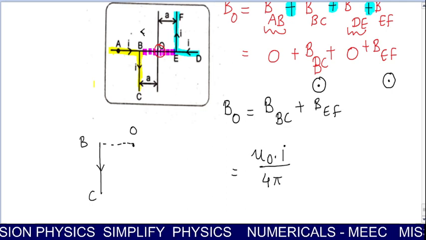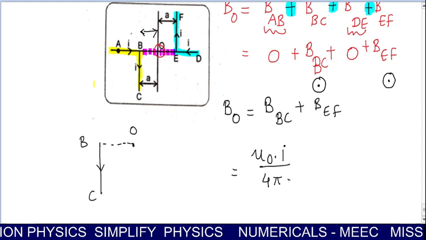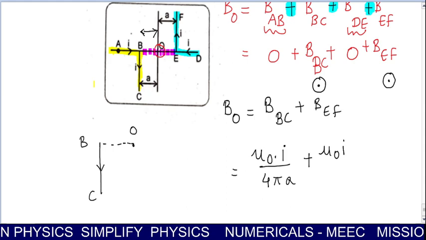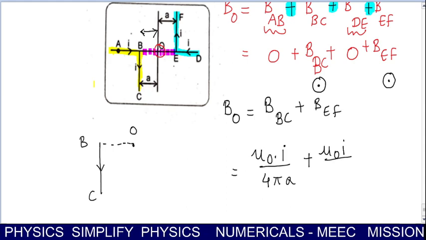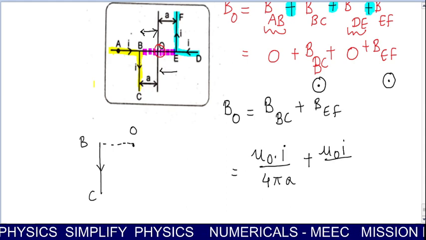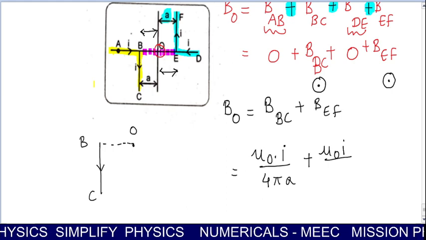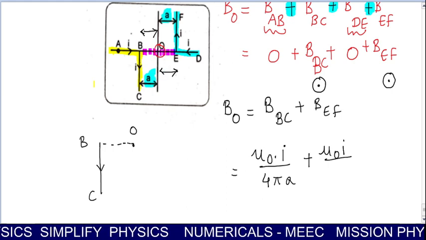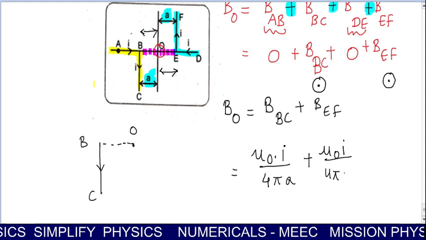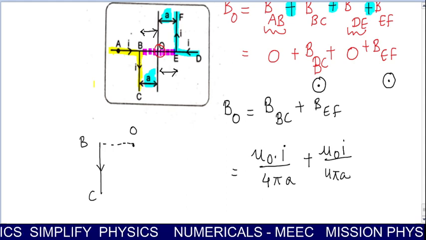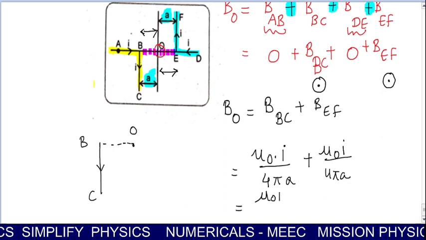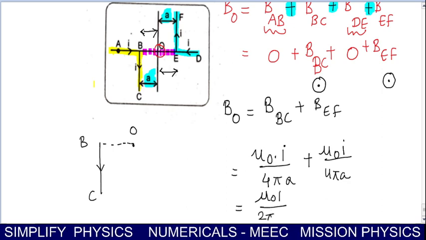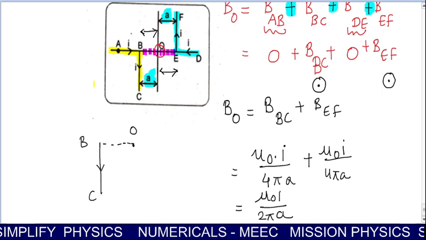Check this distance. This is A, so it is A, plus फिर से μ0 I divided by 4π, check this distance from E and this is also A as given in the question. आपको फिगर में दिए हुए ये distances. So when we add them, we get the answer as μ0 I divided by 2πA. Okay.